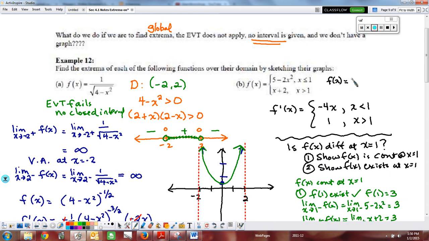F of x equals 0. On this we would have 5 minus 2x squared equal to 0, 2x squared equals 5, x squared equals 5 halves, x equals plus or minus the square root of 5 halves.